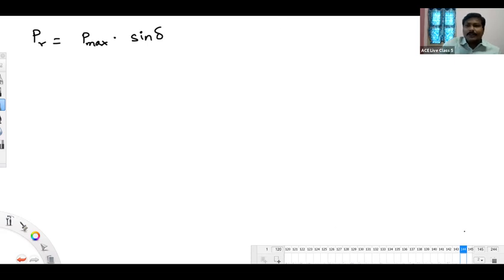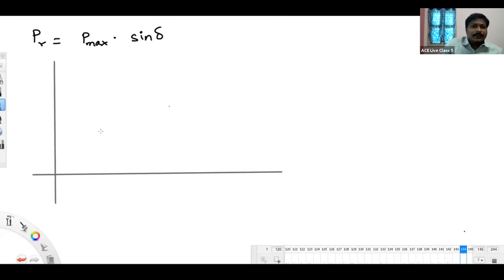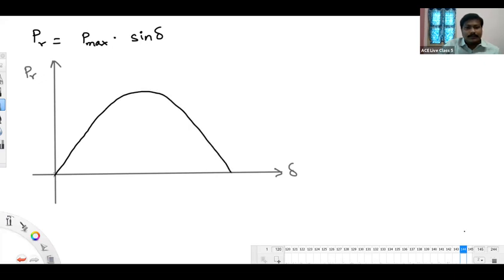So let's show the X and Y axis first. This is the delta axis I am showing, and this is the power axis. And I will show the power angle curve, something like this, passing through origin.